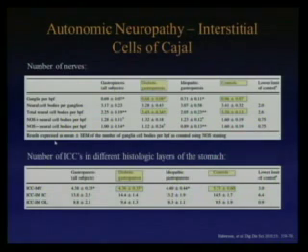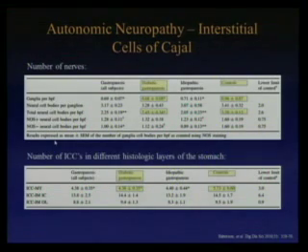And I've highlighted the controls in yellow as well as those who had diabetic gastroparesis. And if you look at the number of ganglia per high-powered field, as well as the total neural cell bodies per high-powered field of those with diabetic gastroparesis compared to the controls, they had a statistically significant reduction in the number of these cell bodies or ganglia compared to the non-diabetic patients.